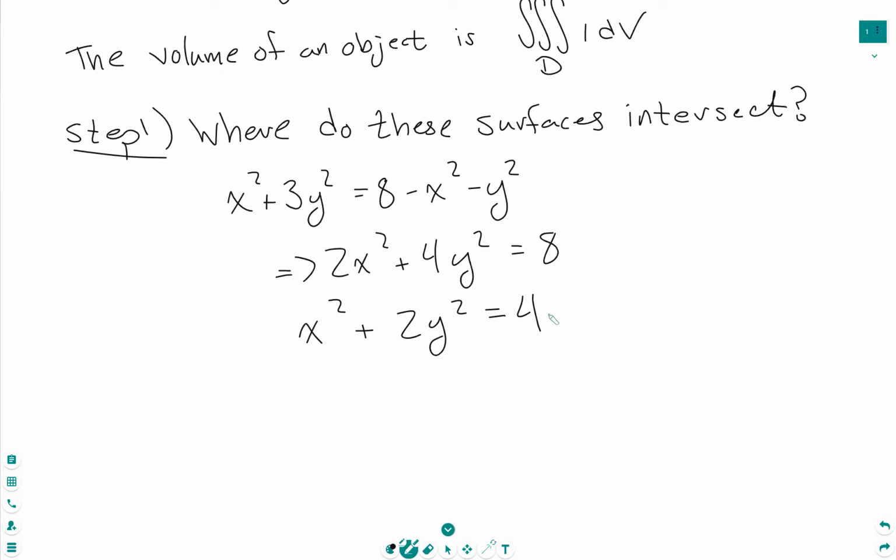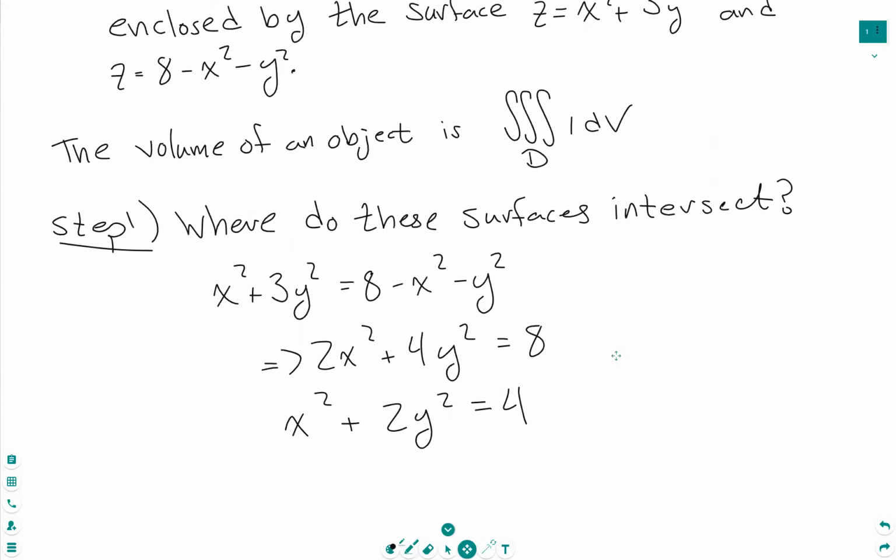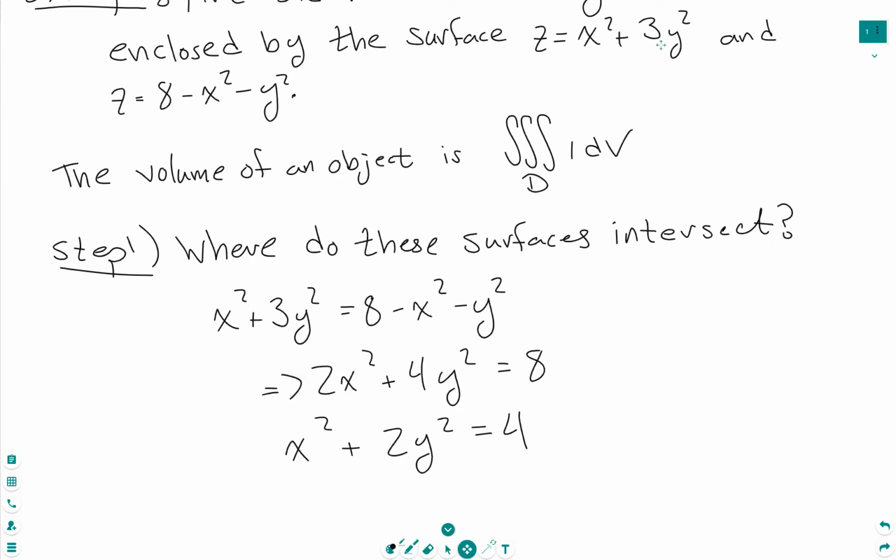So if this is where these things intersect, notice here that both of these are functions of x and y, right? I have a z equals and a z equals.